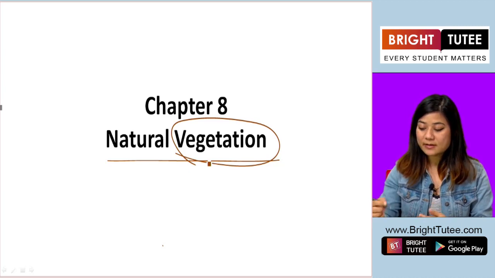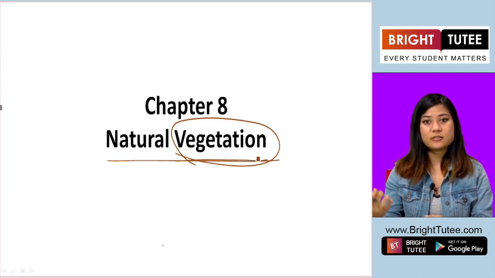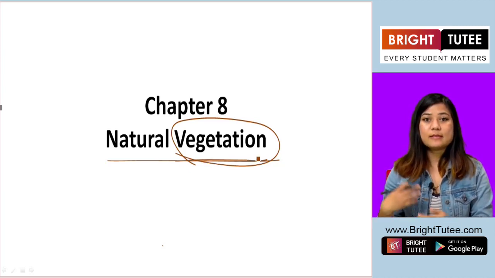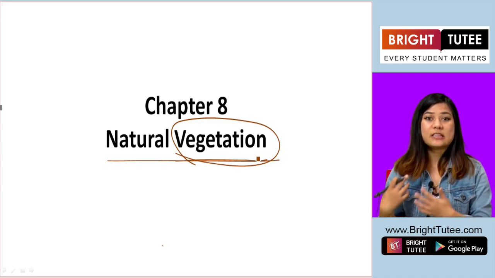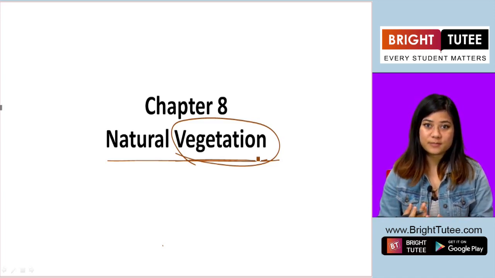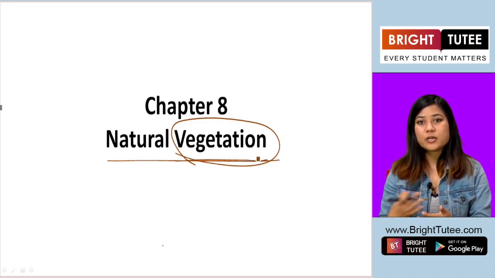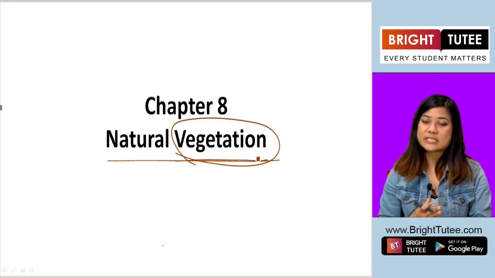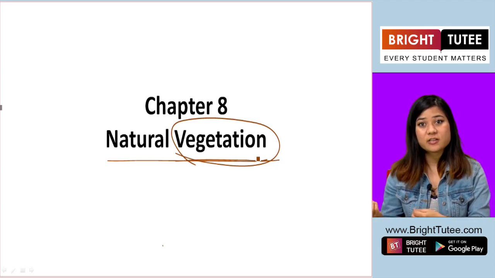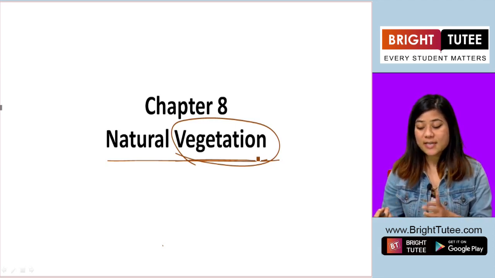In a similar manner, when you hear this term vegetation, then immediately you might think about vegetables. Right? You might think of this word being related or associated with vegetarian or vegetables, but it's not.